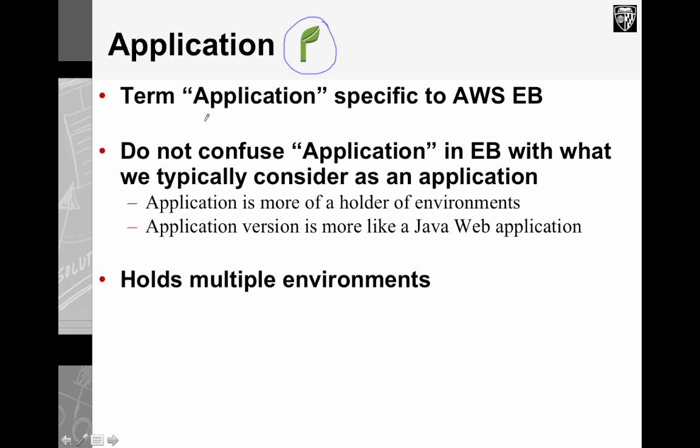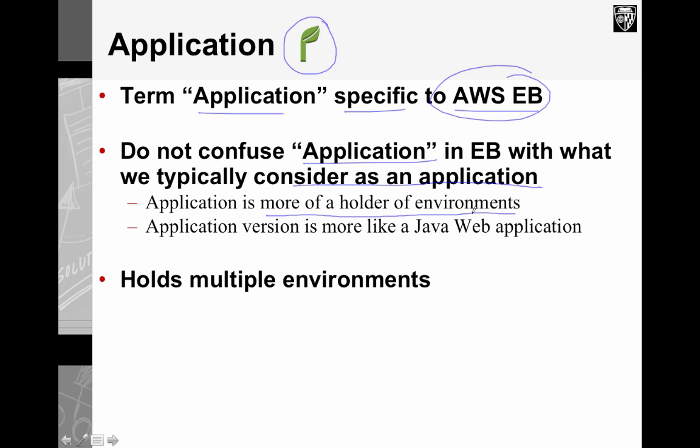The term application is specific to AWS EB. It's not the same way as we think of an application. So please don't confuse the term application in Elastic Beanstalk with what we typically consider an application. When we talk about an application, we talk about a code base, a version. That's not what this is. In Elastic Beanstalk, an application is really a holder of environments.